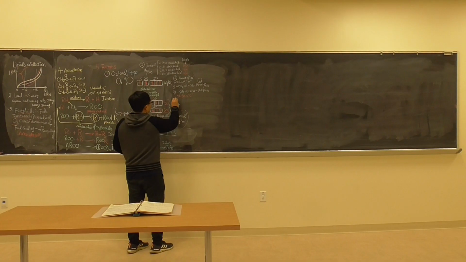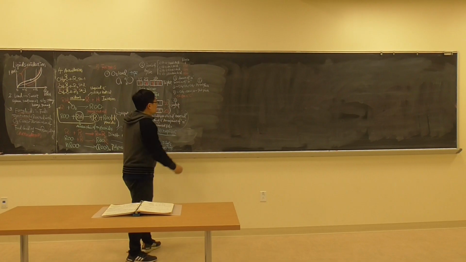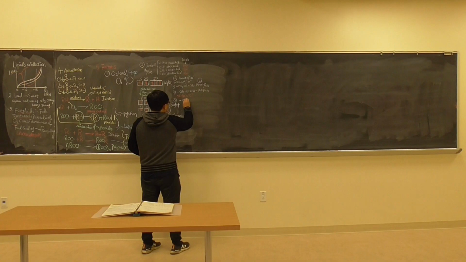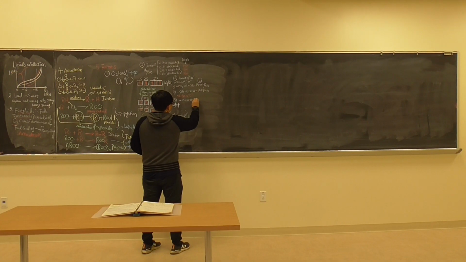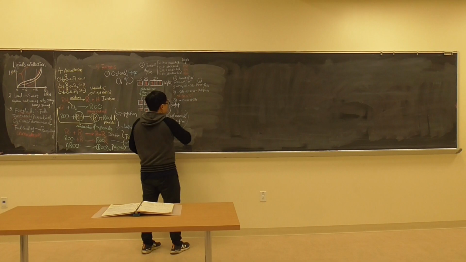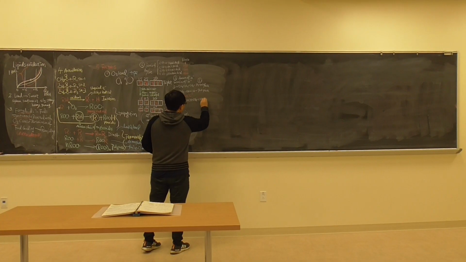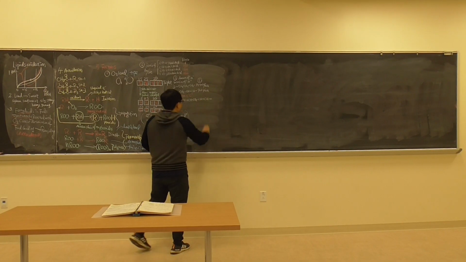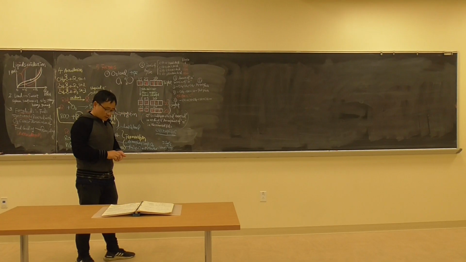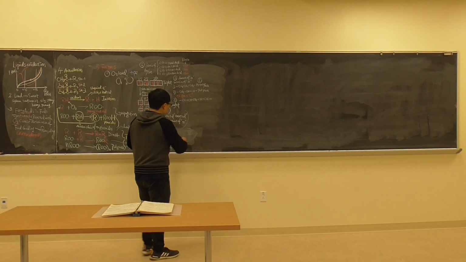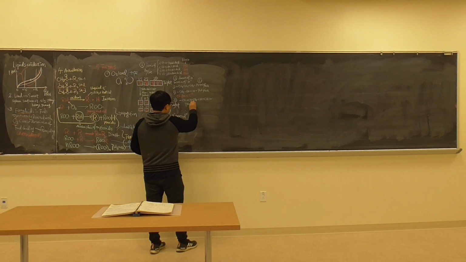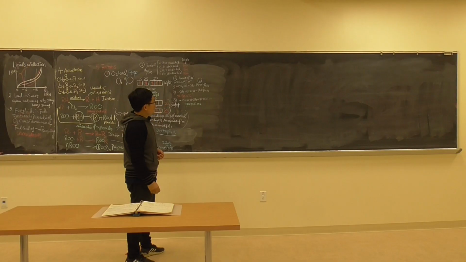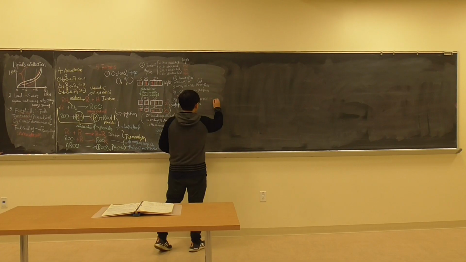Now, in a third situation, I have a double bond interrupted with a methylene group, and then I have another double bond. What is this type of structure called? This is called the pentadiene. If you have a pentadiene structure, the energy decreases to somewhere around 80 to 85 kJ per mole for autooxidation to happen.